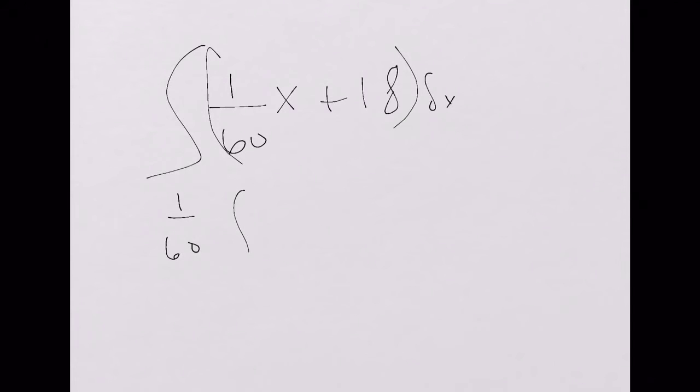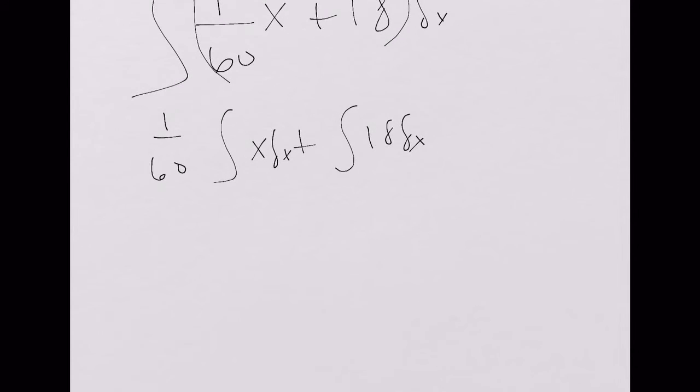I could split it up. Now, don't let me forget my dx on each one of these. This one looks a little different. Remember, there's a 1 up there. So I add 1 to it, and then I divide by that new number.